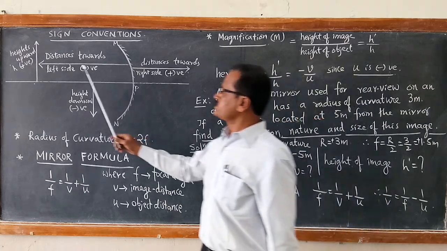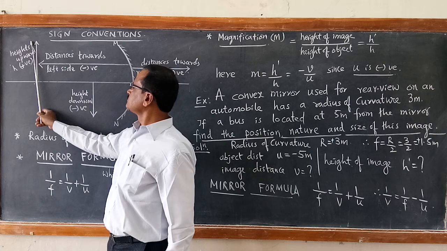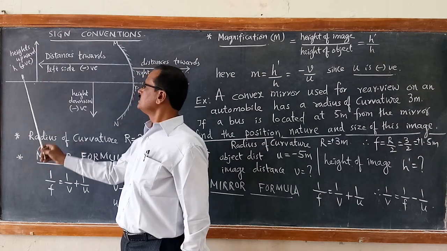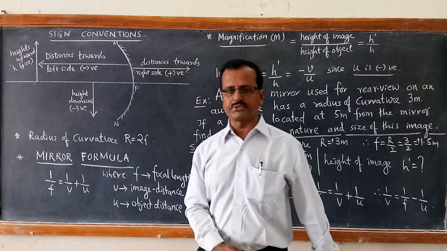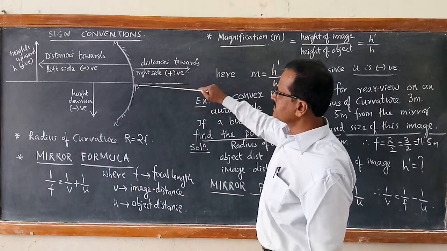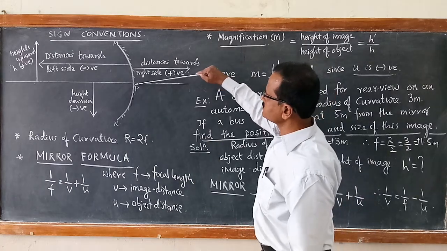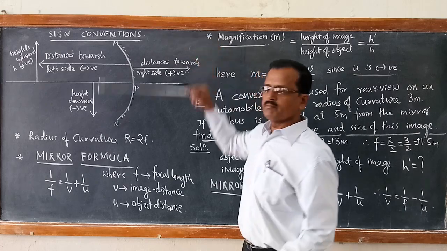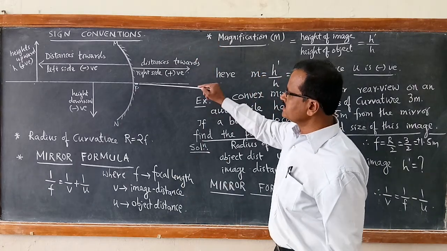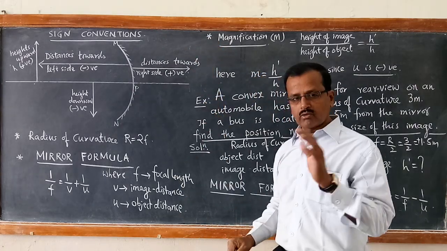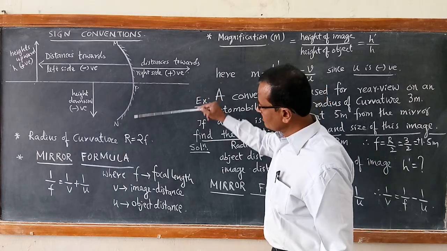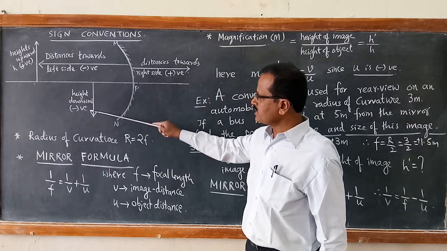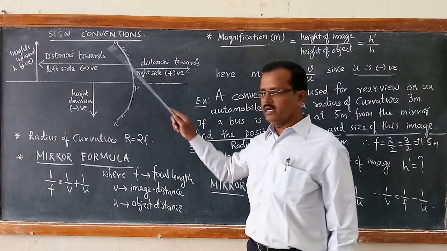And if the heights are upward, upright, as we usually keep the object, such heights must be taken positive. Because if you consider this as the origin, the distances measured upwards are along the positive y-axis, so they are positive. The distances taken downwards, along the negative y-axis, are always negative.